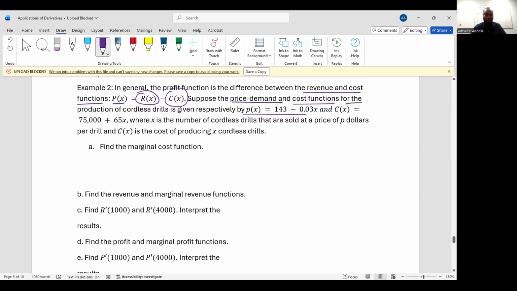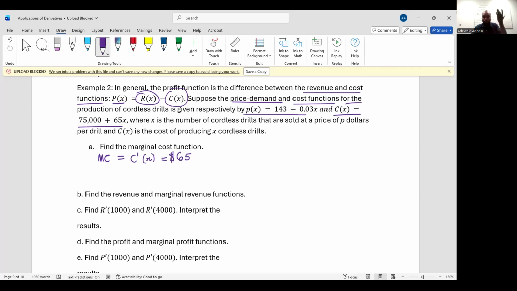Find the marginal cost. Remember, for marginal cost, take the derivative of your cost function. Our cost function is given as this. If I take the derivative of that, I have 65. So $65. What does that mean?